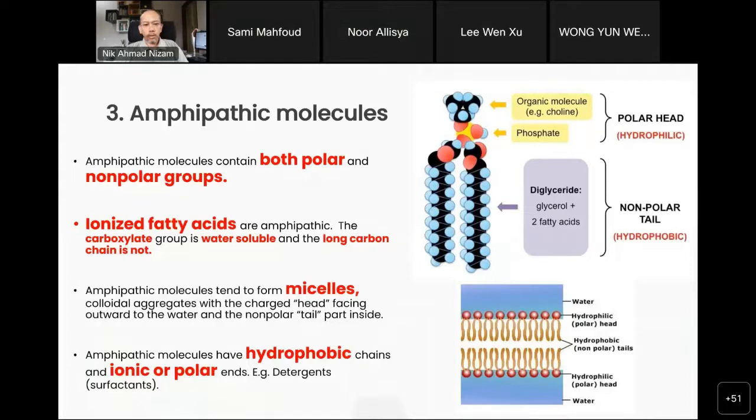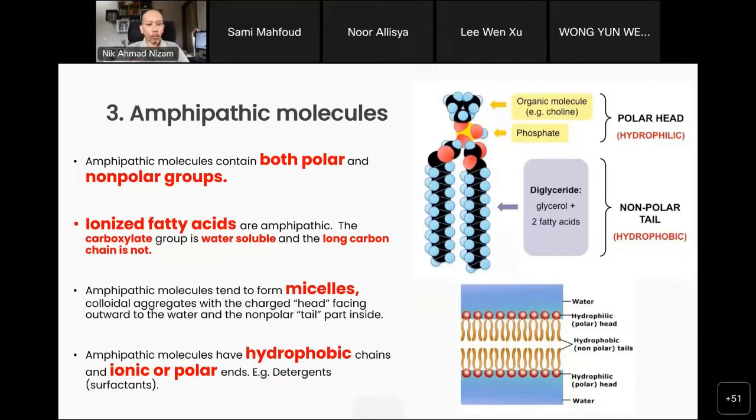Another type of molecules, another property related to water, which is amphipathic molecules. Hydrophobic is non-polar. Hydrophilic is polar and also ionic molecules. It has an interaction with the water, so that is hydrophilic.